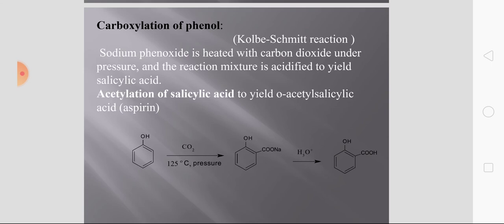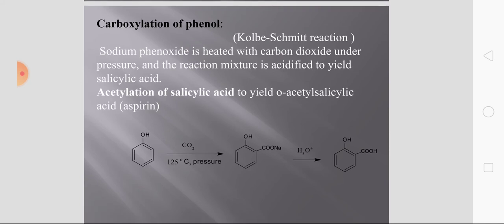When CO2 reacts with this phenol, this product will be formed, and when acidification is done, salicylic acid will be formed, and the IUPAC name of this is ortho-hydroxybenzoic acid.